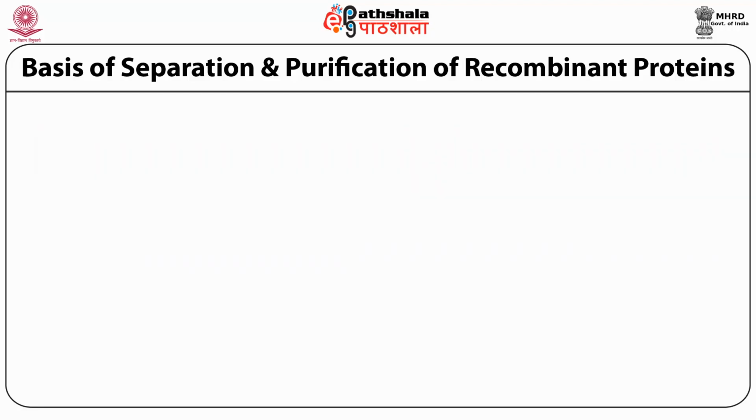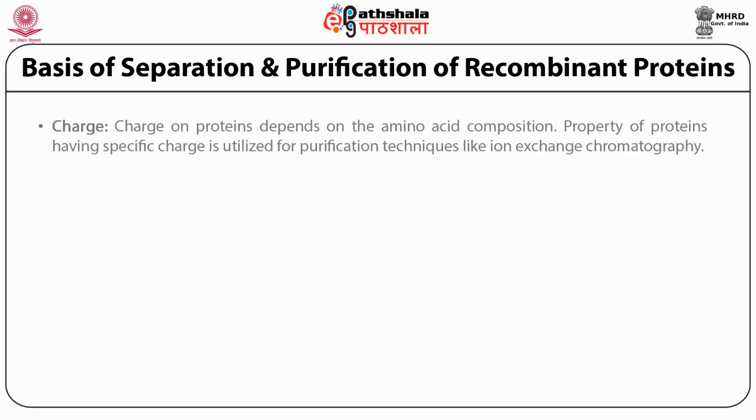Following are four important attributes of proteins that are exploited for purification by different purification techniques. As we all know, the charge on a protein depends on the amino acid composition as well as the pH of the surrounding medium. Depending upon the specific charge on the protein at a particular pH, they may be purified by ion exchange chromatography.